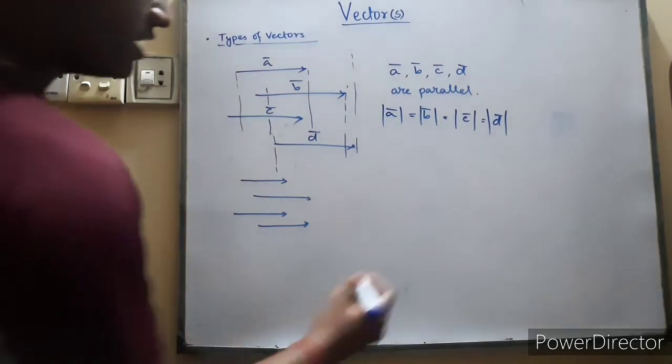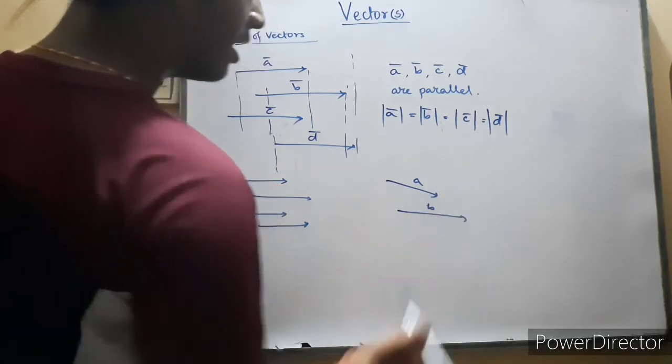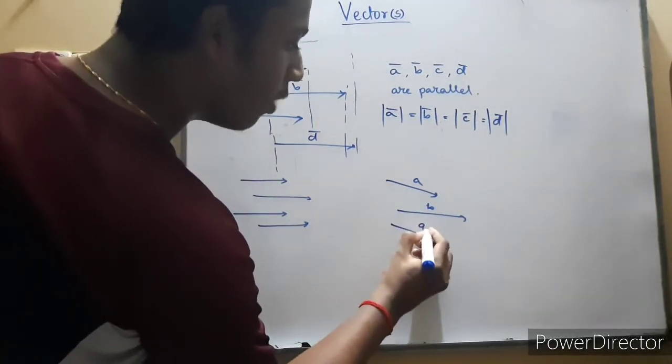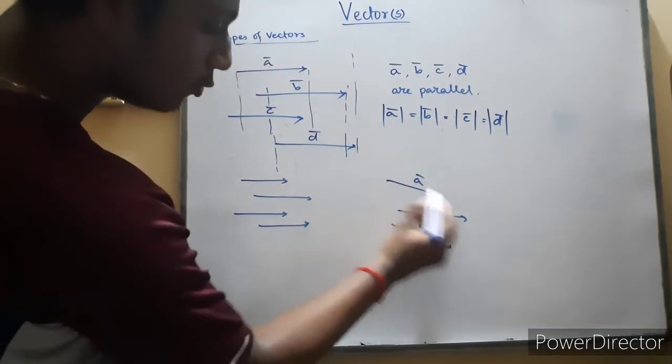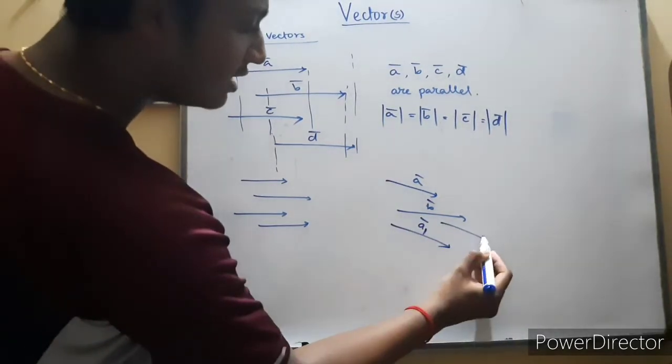The same case applies when A and B are not parallel. We can take another vector, A1. Consider this vector A1, which is parallel to A vector and lies on the same plane as B and C vector.